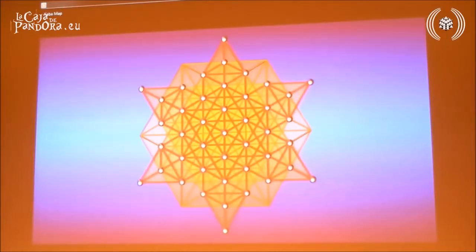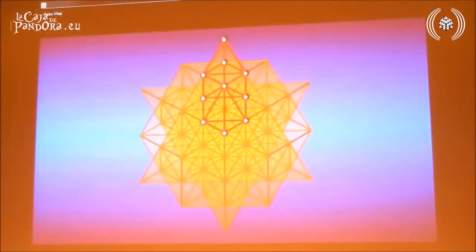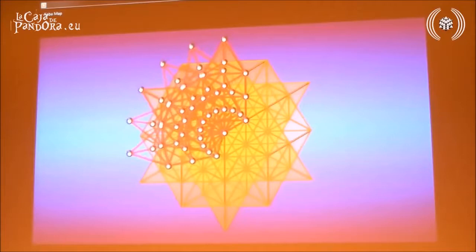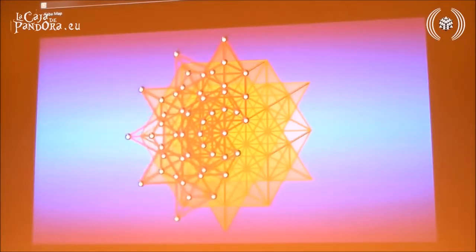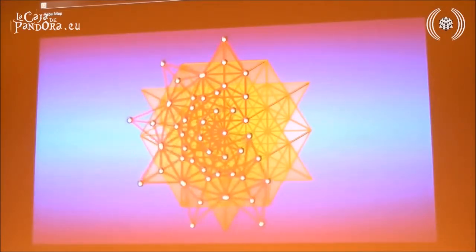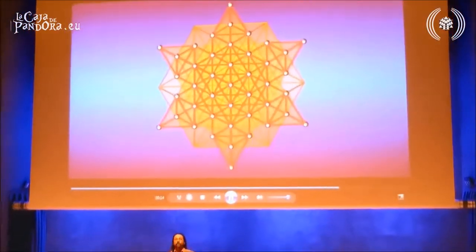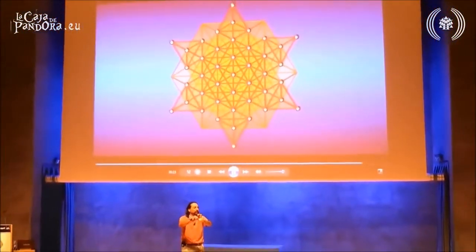There are many more details to this structure. You can actually flip the trees around and get all the other tetrahedrons. And if you follow the actual Kabbalistic tradition, the roots become the crown, and the crown becomes the root.